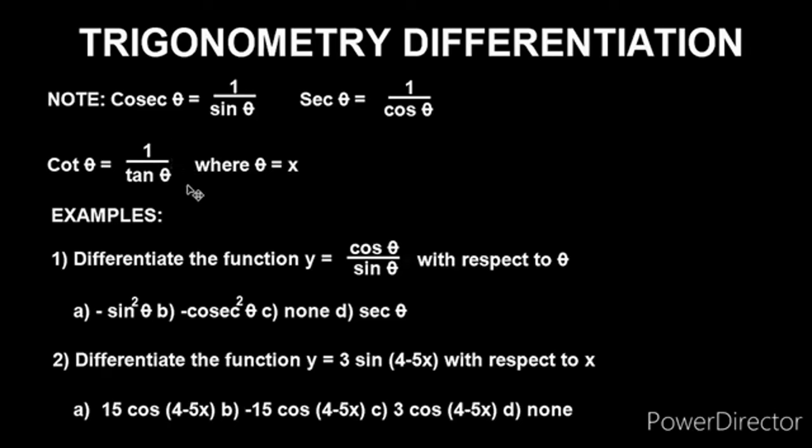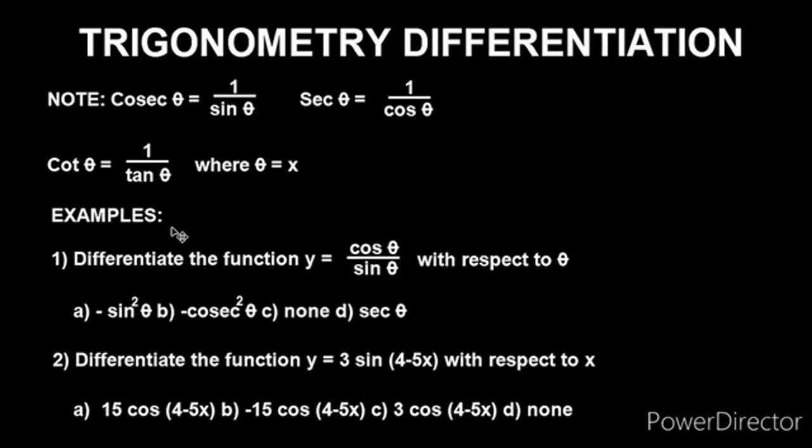Okay, note that in this video, we'll be replacing theta with x as we move into the calculator aspect of this video. So we'll be replacing theta with x in the calculator. Having known that, let's now look at the examples we have here and solve it together.